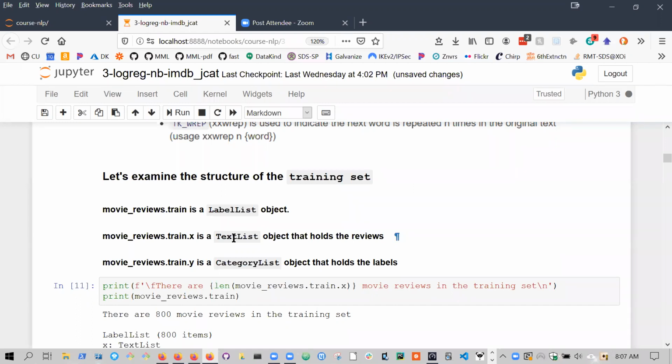Then they define a special kind of object called text list for holding the reviews. So text list is a way to handle a list of reviews, and category list is a special object that holds the labels. You can find out about these objects by doing a dir. If you have an object, you can do a dir and see what methods and properties are available.